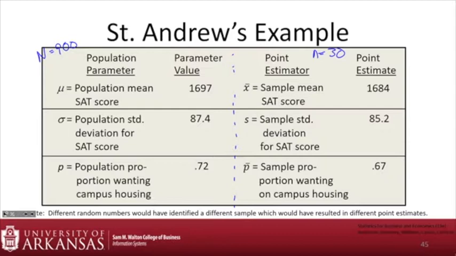Not too far off. Our standard deviation was 87.4. Here we've got 85.2. Here, our population wanting campus housing. So really, there's 72% who want campus housing. I told you 67%. I was a little under, but for the most part, not too far off. So hopefully I had a good sample.